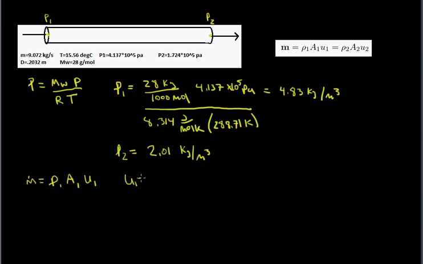So U1 is equal to m dot over rho 1 A, and the cross-sectional area is pi d squared over 4.